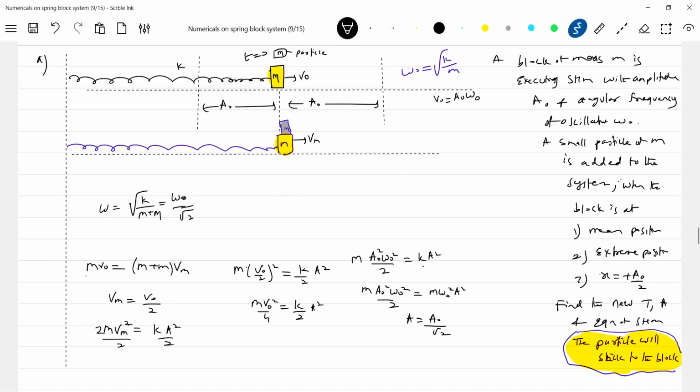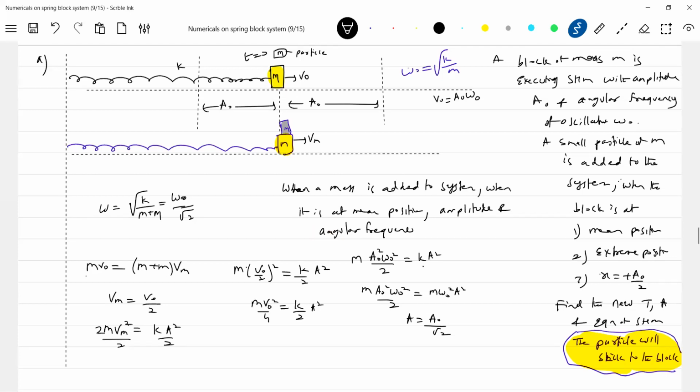So what is the conclusion? When a mass is added to a system when it is at mean position, both amplitude and angular frequency decrease.